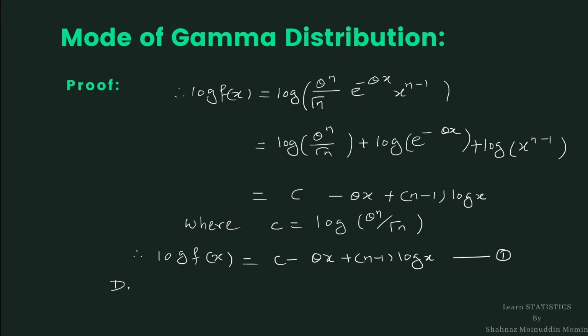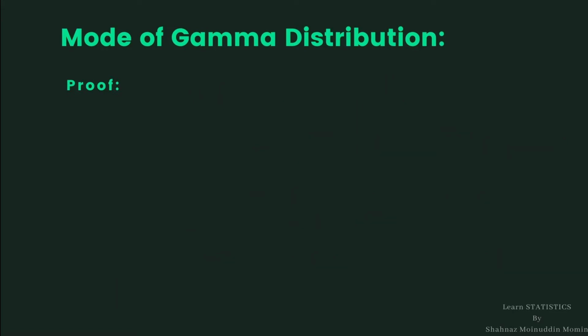Differentiate equation 1 with respect to x. We get, we know that the differentiation of log f(x) is 1 upon f(x) into f dash x.